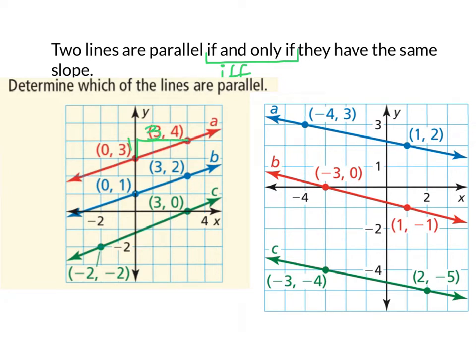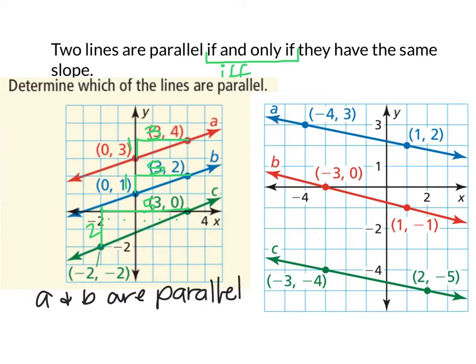The second one is up 1 over 3. And C is up 2 over 1. So although C looks like it could almost be parallel, it is not. So we can say A and B are parallel.